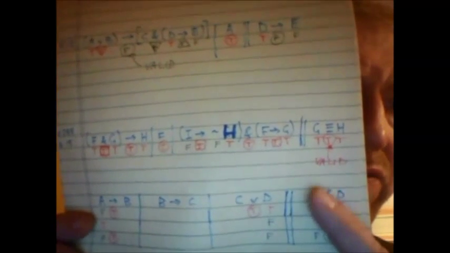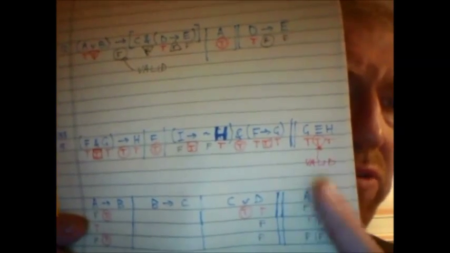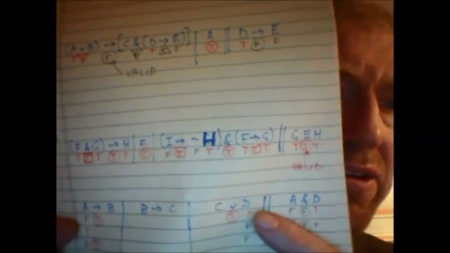Now, what we should see already is that because the first and the last premise in the first row are true, it's very easy to make the third one true. So on the very first row, we will have succeeded in making all the premises true and the conclusion false.